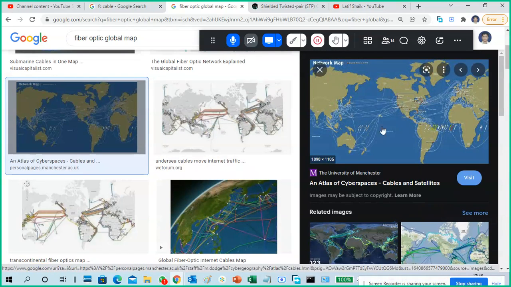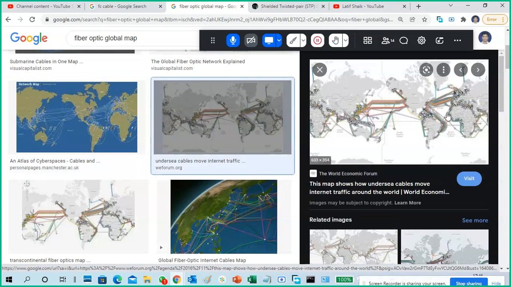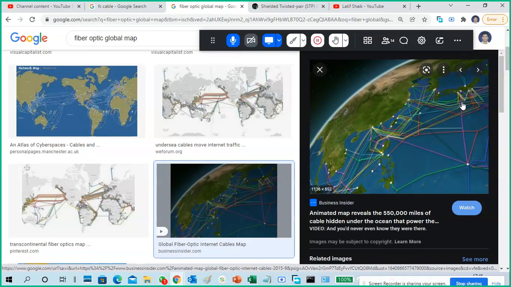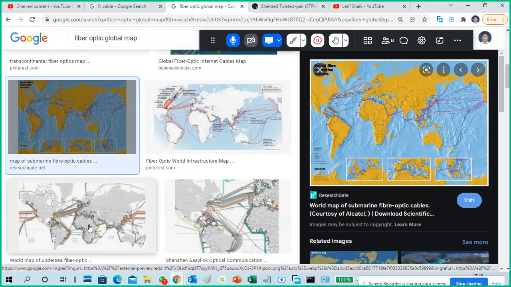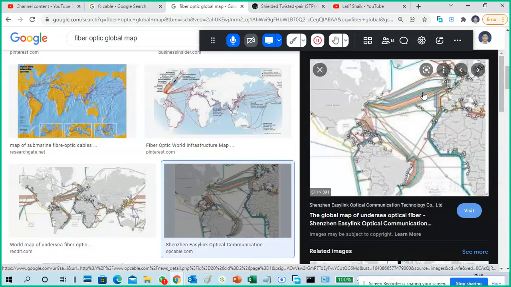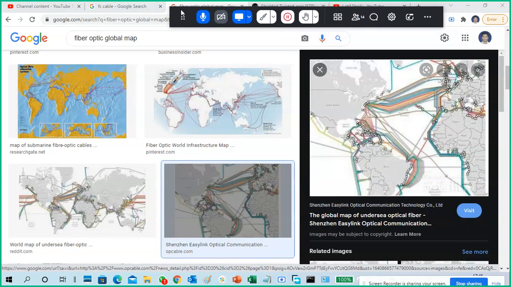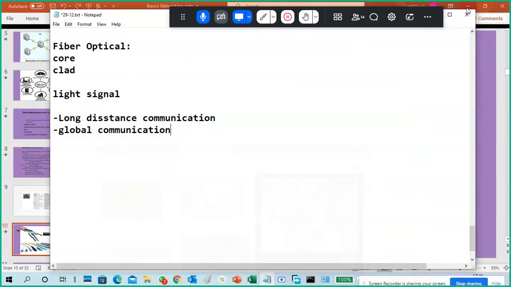If you see the lines, they are nothing but your fiber optical cables. Continent to continent connections. A lot of people still believe the internet is coming from satellites.